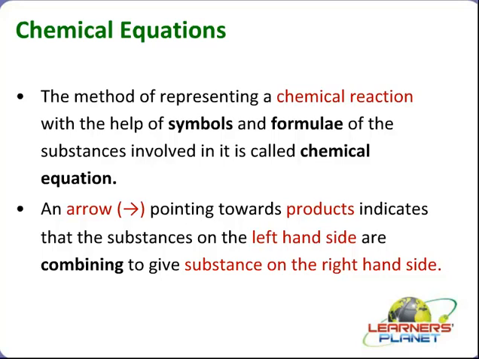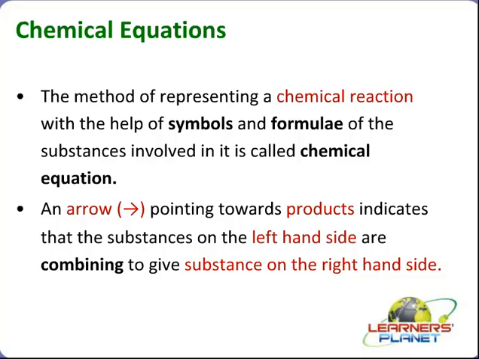So, now you can use those symbols and formulae. Now, how to relate a reactant and a product? The reactant and the product can be related by putting an arrow in between. The arrow head points towards the products and its tail points towards the reactants.